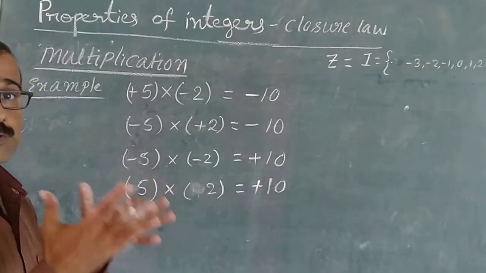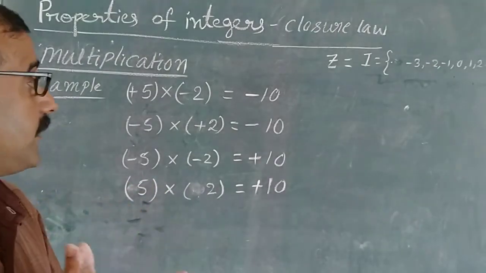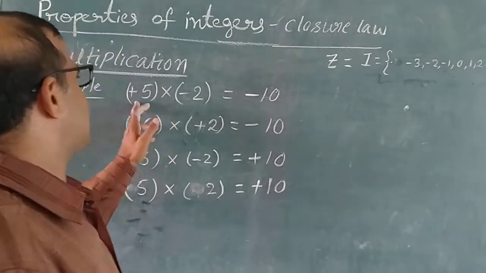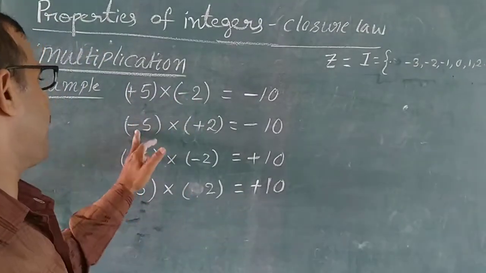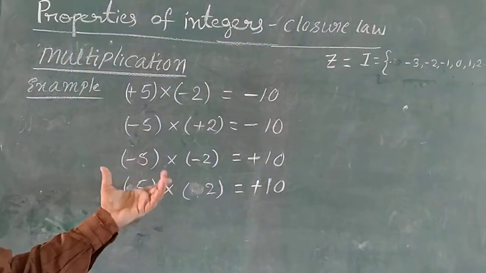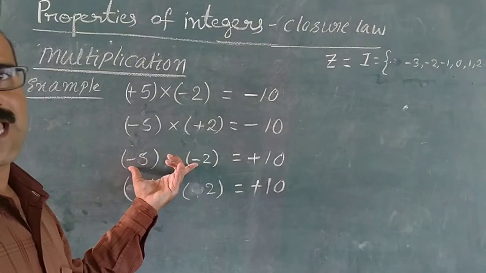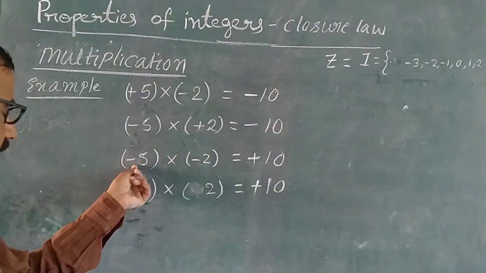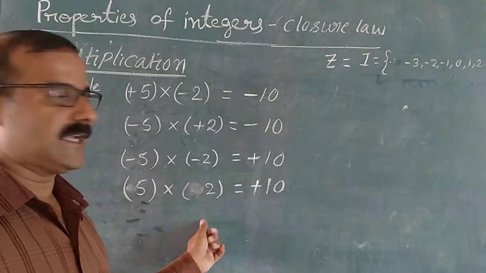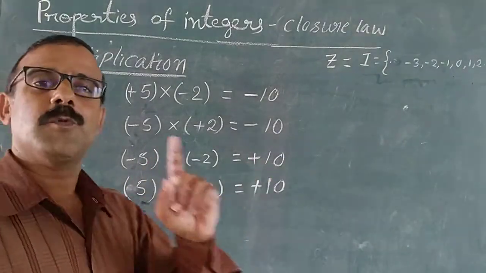When we multiply two numbers having opposite signs, plus into minus or minus into plus, the result is minus. When we multiply the same signs, negative integer into negative integer or positive integer into positive integer, the result is positive.